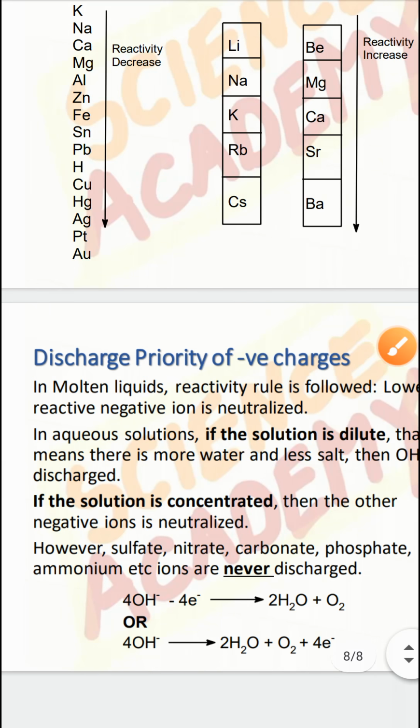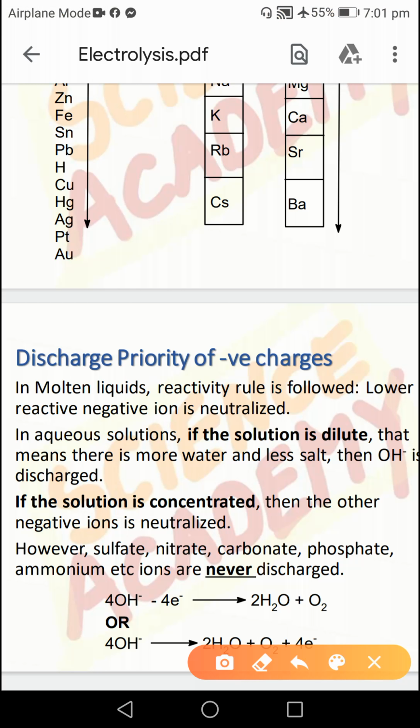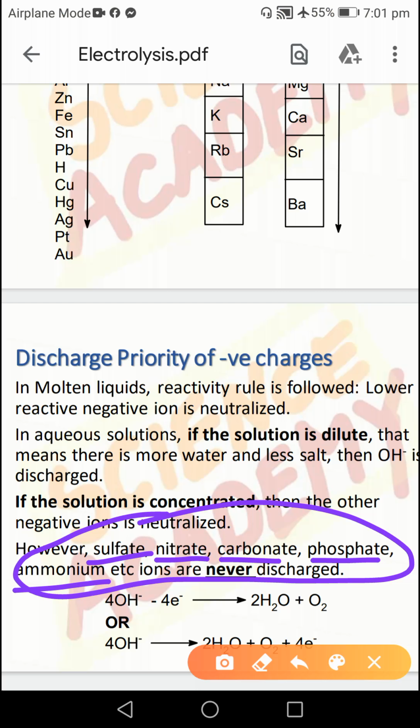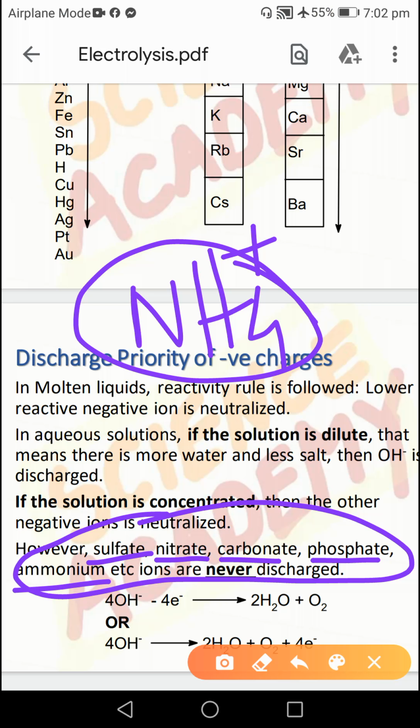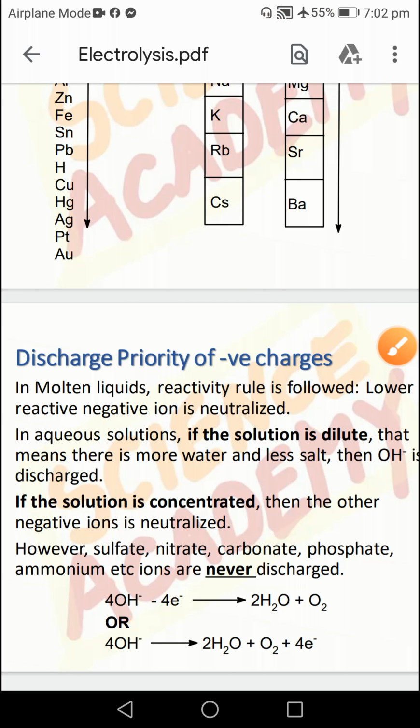The sulfate, nitrate, carbonate, phosphate, ammonium, etc., all these ions contain multiple atoms, right? For example, ammonium has the formula NH4, so it has many atoms. So these ions which contain multiple atoms, except hydroxide, are never discharged. We should remember this.